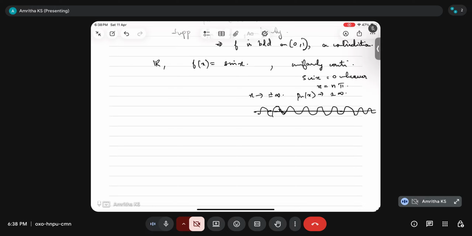So this is an easy exercise from continuity.